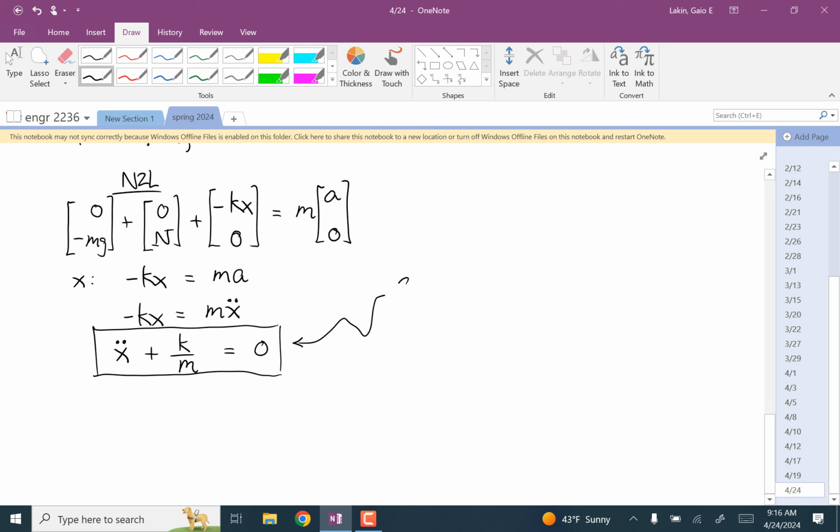So this is the governing differential equation. It's an ordinary differential equation because the only independent variable is time, for undamped harmonic motion.